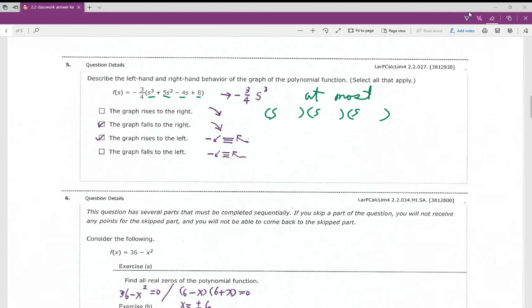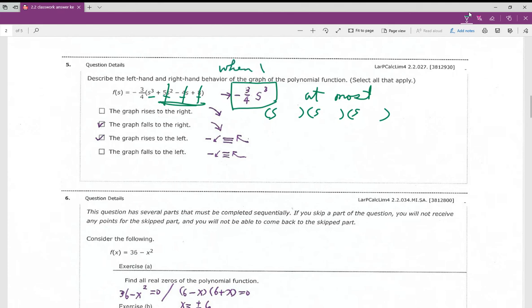So when we say at the most, we assume there are no multiple factors, the same factors. Now at the most, you may ignore those, because compared to the highest degree, you may ignore the rest. So in the end, we only check the end behavior when s becomes very big.